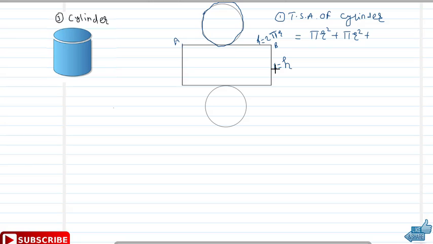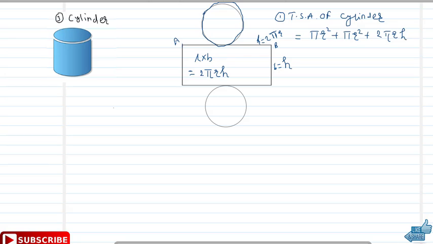So in short, the area of this rectangle becomes, instead of L into B, instead of L I write 2 pi r, and instead of this B, I write H, so it becomes 2 pi r H. So can I write instead of LB here 2 pi r h? Yes, obviously I can write here 2 pi r h.